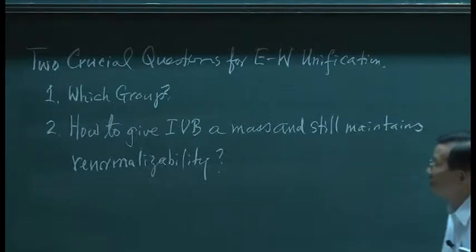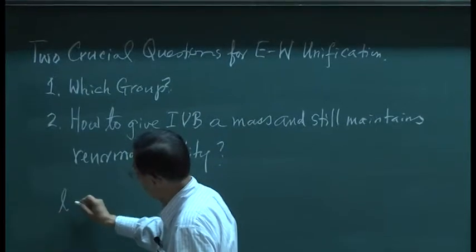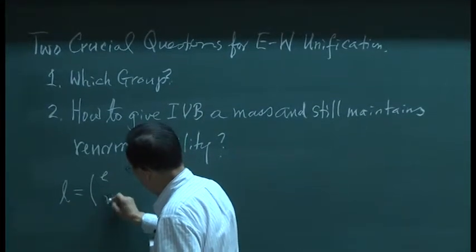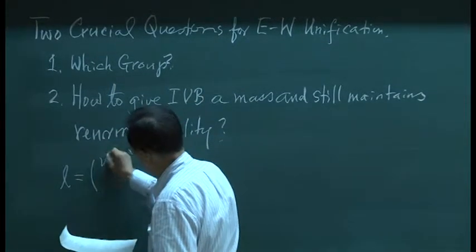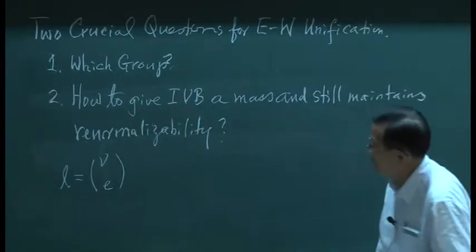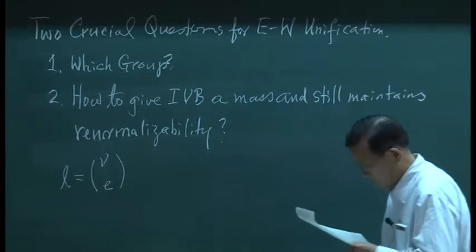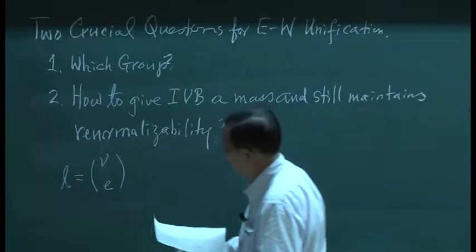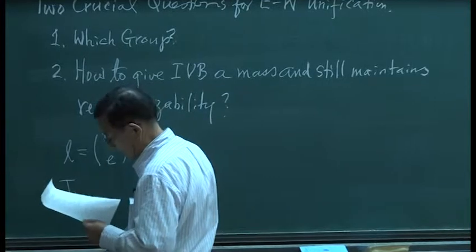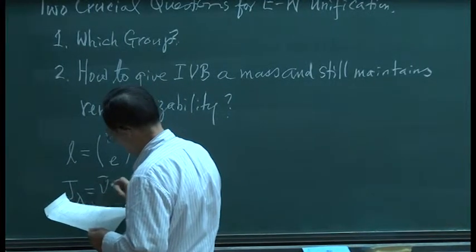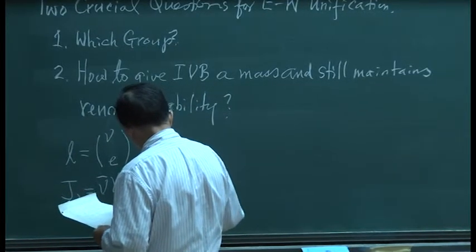Let's start with the first one. So the simplest possible case is to just look at the leptons as Weinberg did. Like that. So this will be considered as a doublet in SU(2) or something. And then, because we know that the theory is V minus A, let's construct a current like this, neutrino bar gamma lambda (1 minus gamma 5) electron.